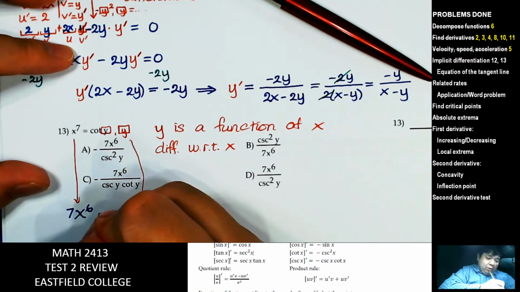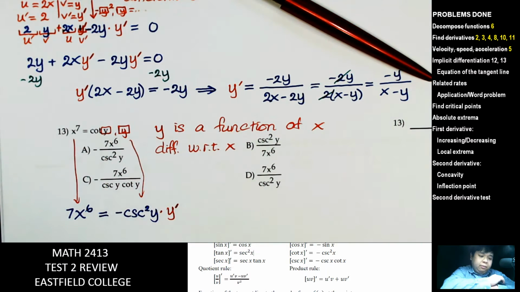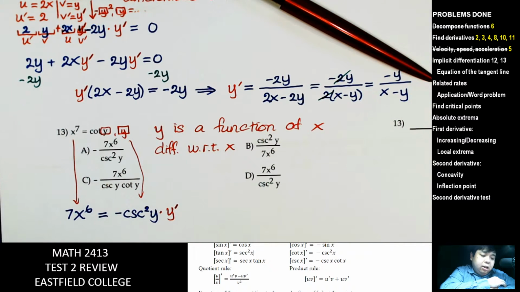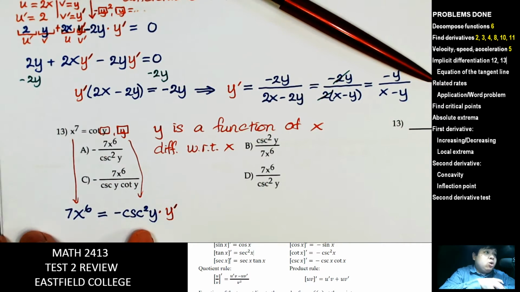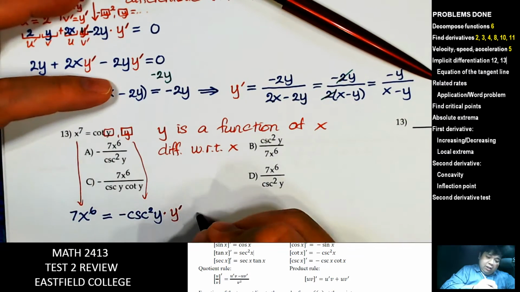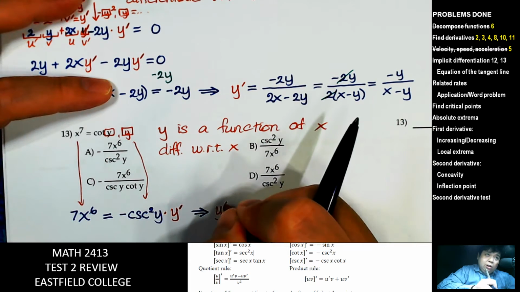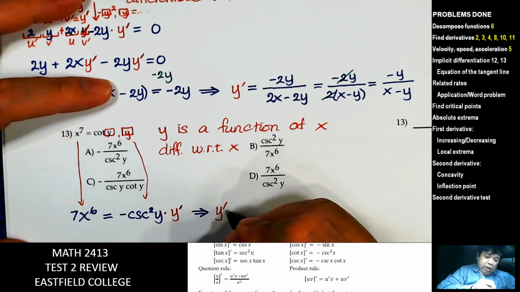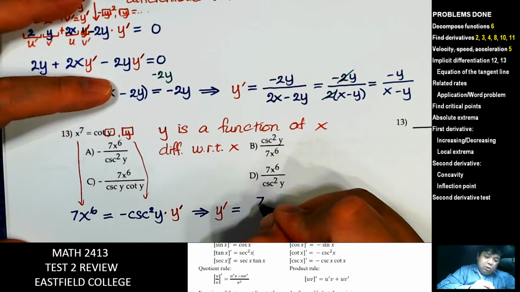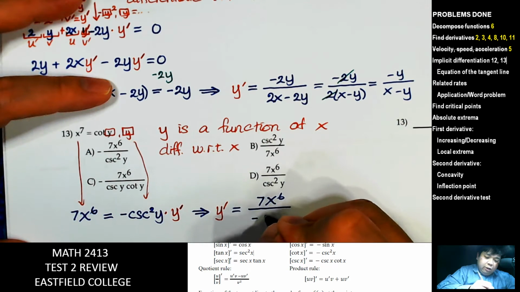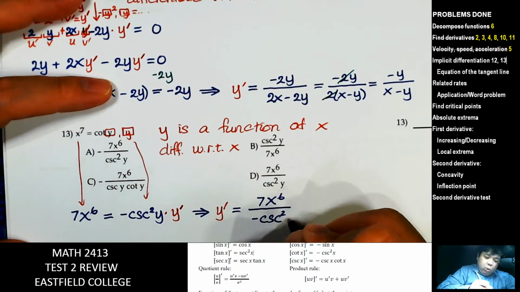So that equals, right? So now we solve for y prime. So y prime will be equal to 7x to the 6 divided by negative cosecant squared y.